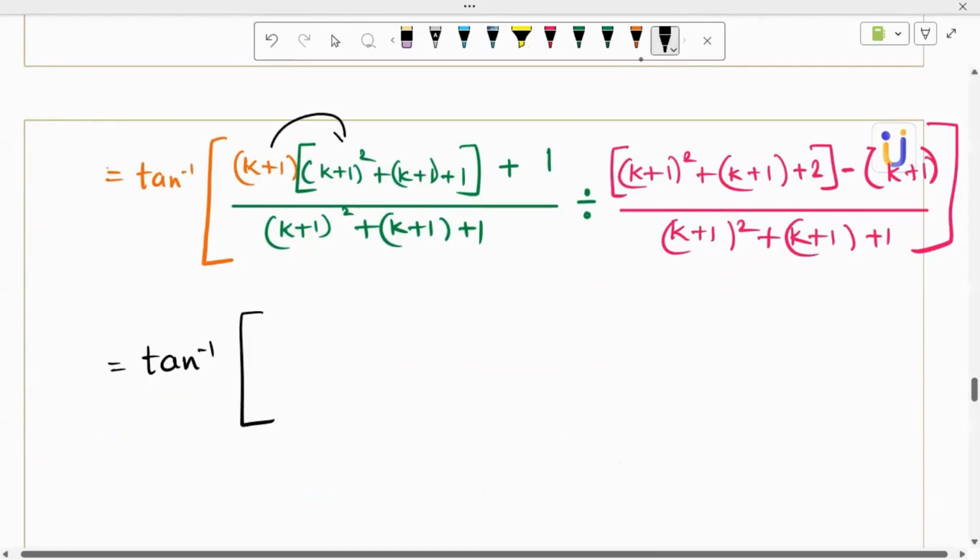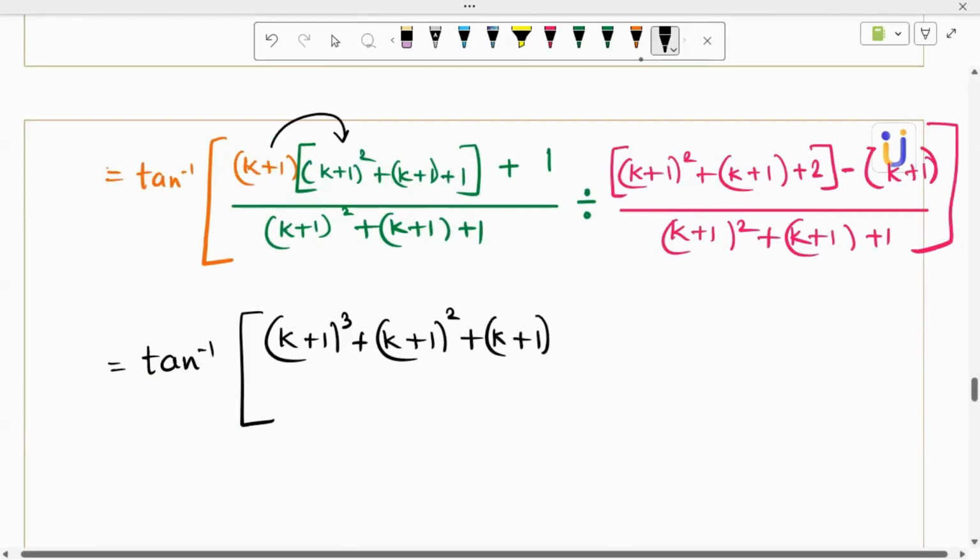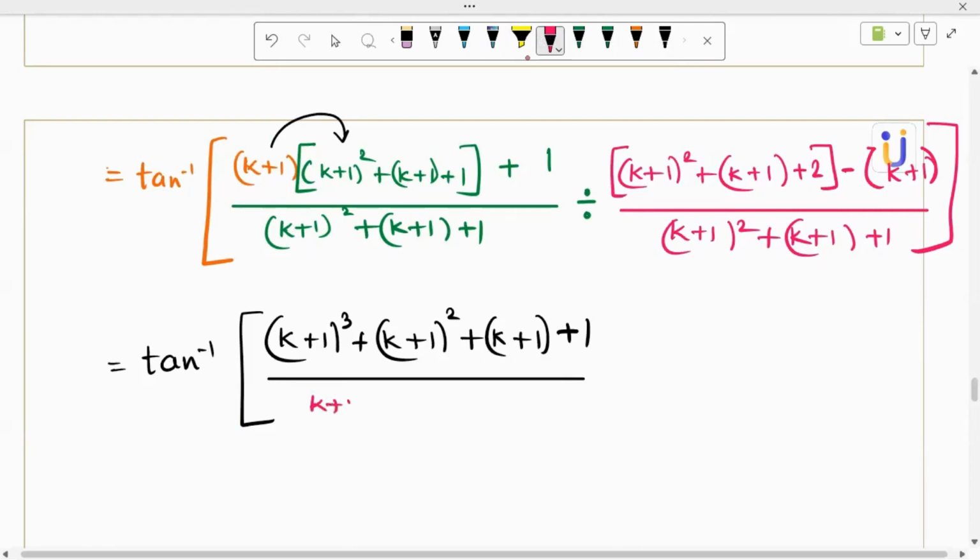Now, tan inverse. Let me take this inside. So k plus 1 the whole cube plus k plus 1 the whole square plus k plus 1 plus 1, divided by, this is the term we have, k plus 1 the whole square plus k plus 1 plus 1. And the division changes to multiplication.